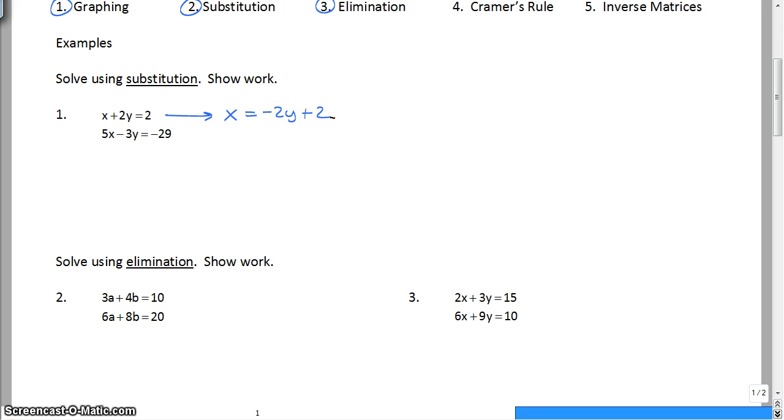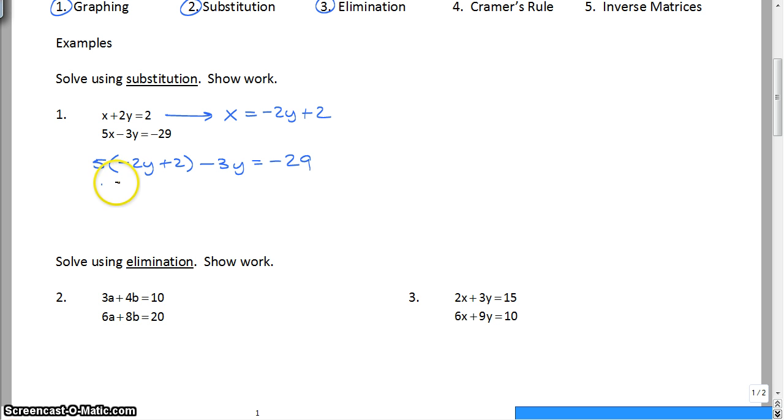Then we can substitute x with negative 2y plus 2 in this second equation. So this is going to become 5 parentheses, negative 2y plus 2, minus 3y equals negative 29. And now we have an equation that only has one variable. So we're just going to solve for that one variable.